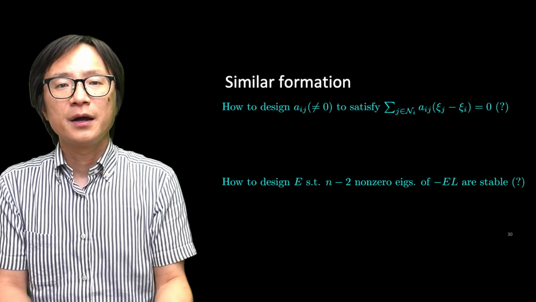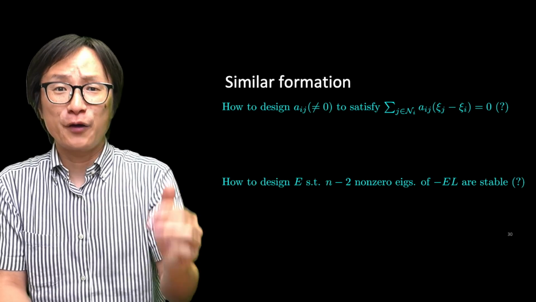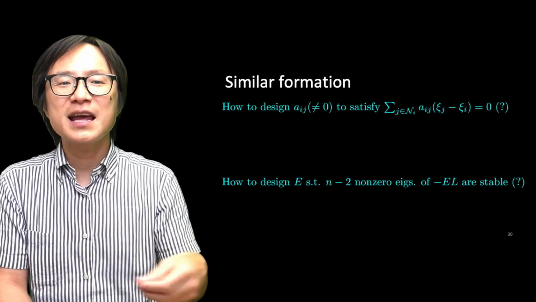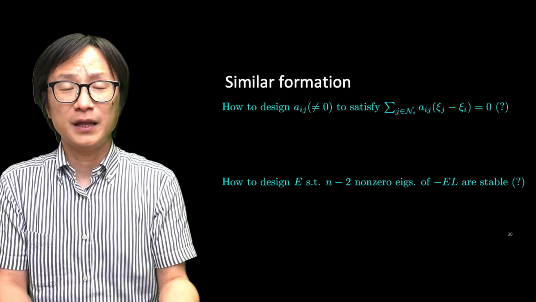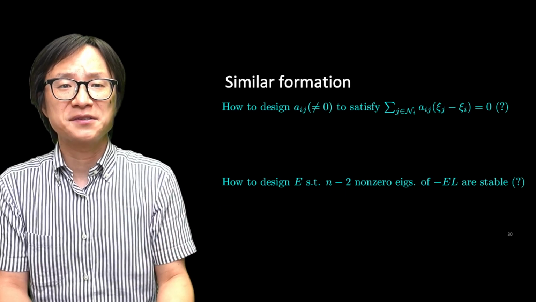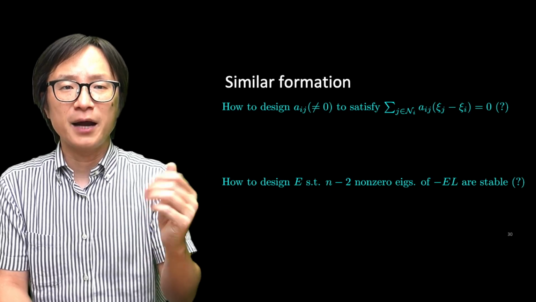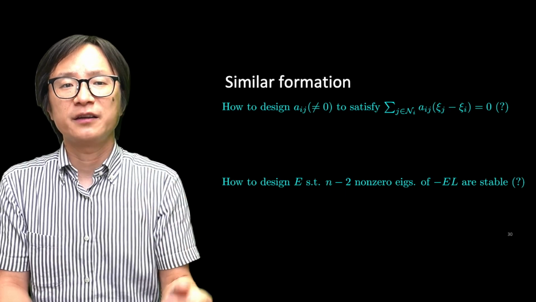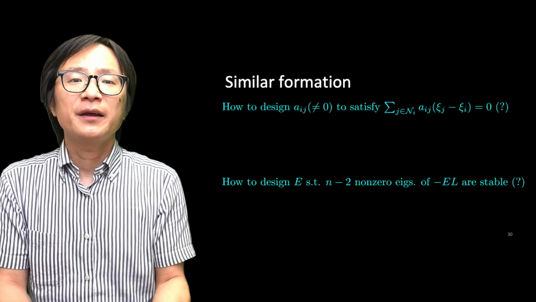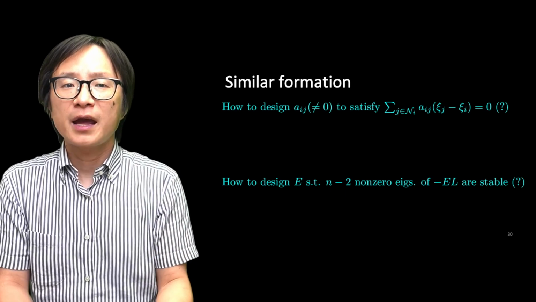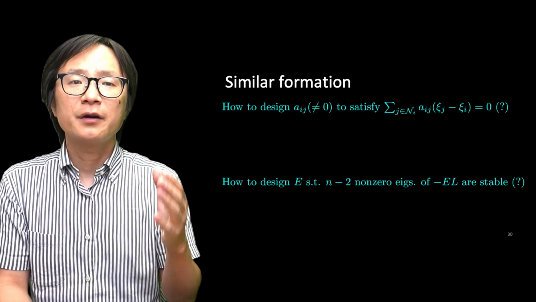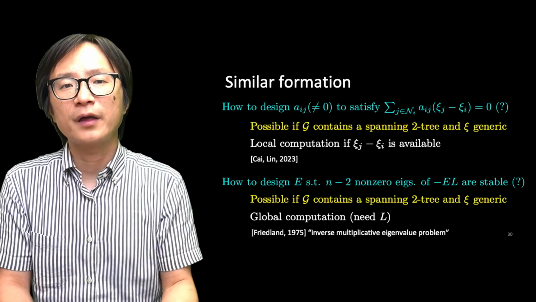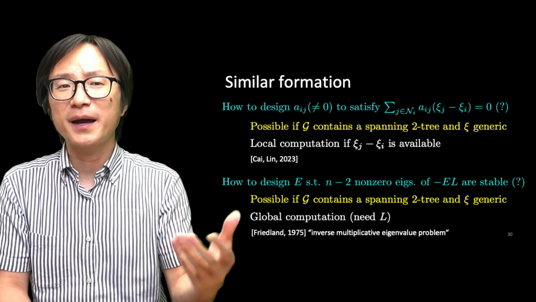And number two, can we actually design, and how can we design, this invertible diagonal matrix E to stabilize the overall system, namely to make the n-2 non-zero eigenvalues of minus EL stable, having negative real parts. Very neatly, both problems can be resolved under exactly the same two conditions. First one is that the graph G contains a spanning two-tree.